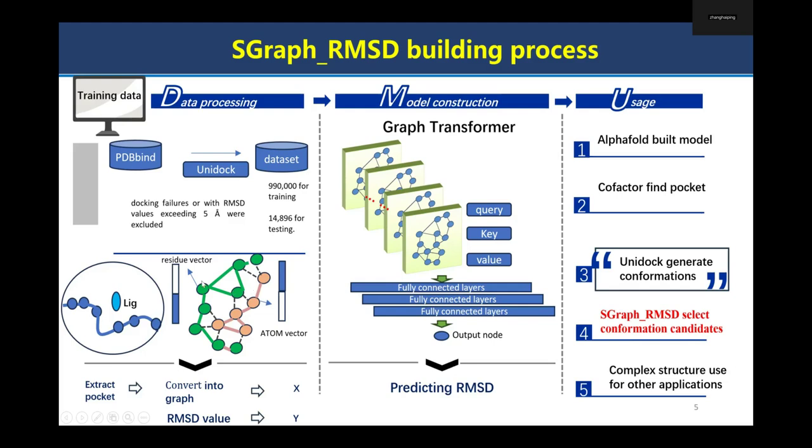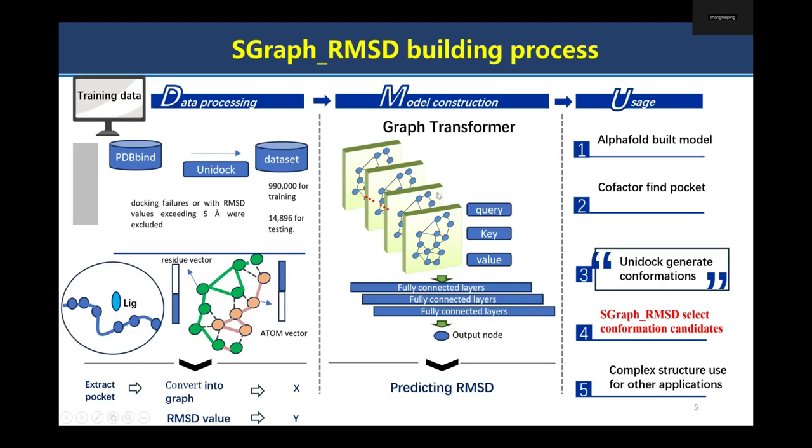For the nodes, we use vectors to represent the residue nodes, and we also use vectors to represent the atom nodes, and the spatial information is represented using the edges. Finally, we got this training data set, and we use the RMSD value as the label.